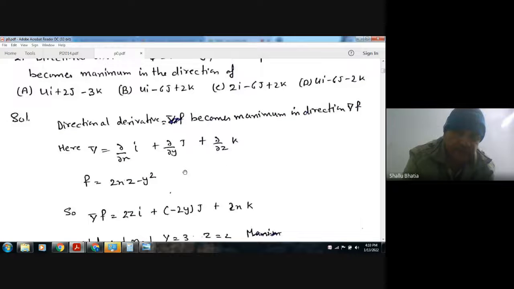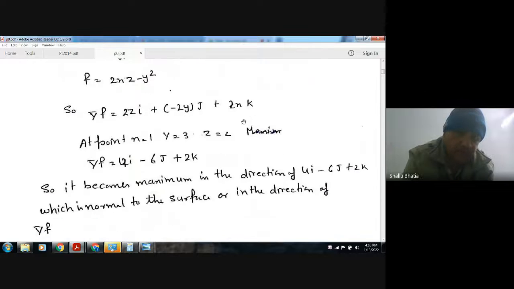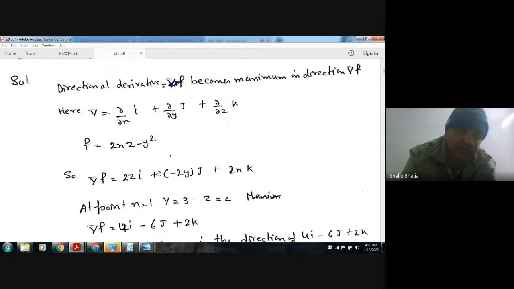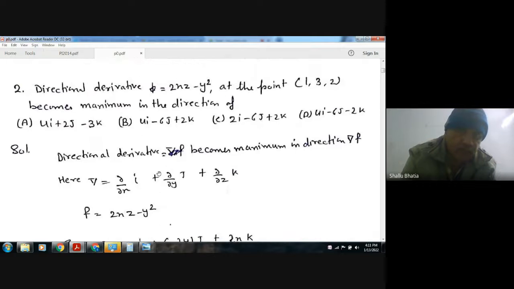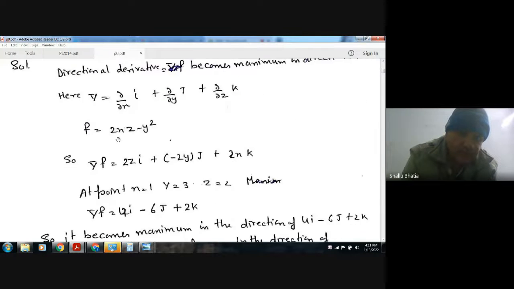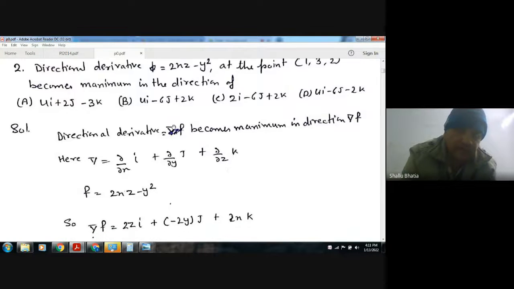At the given point (1, 3, 2), putting in the values, del f is 4i minus 6j plus 2k. So this is the direction in which the directional derivative is maximum. So the answer is 4i minus 6j plus 2k, which is option B. Okay, next.